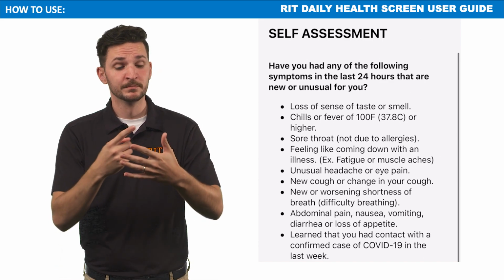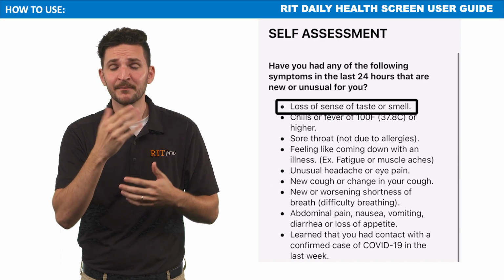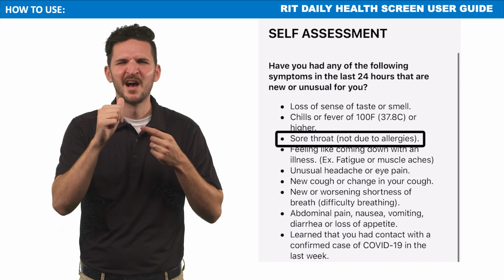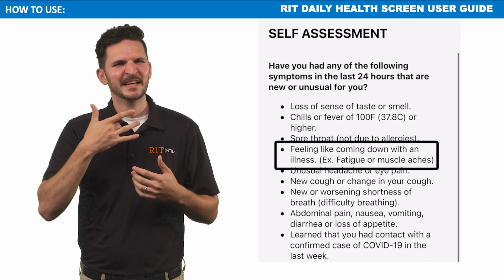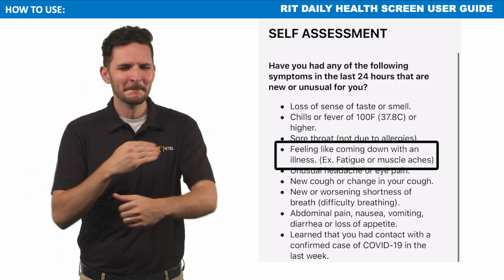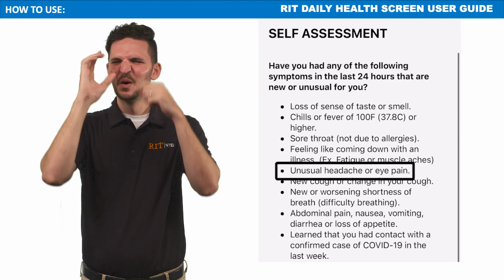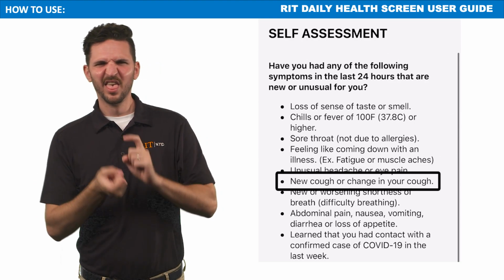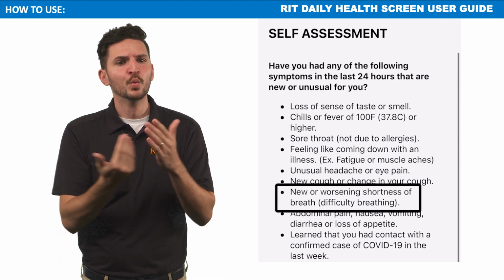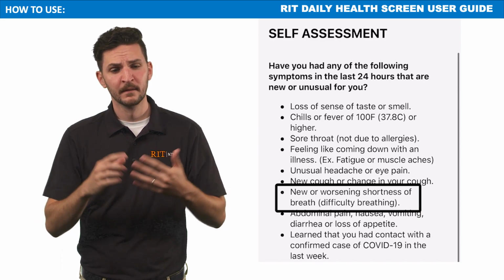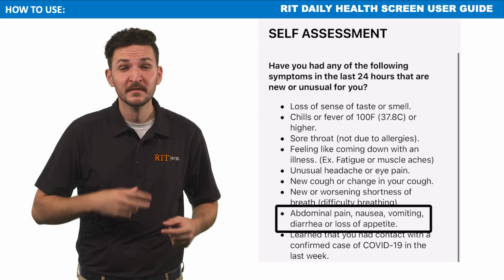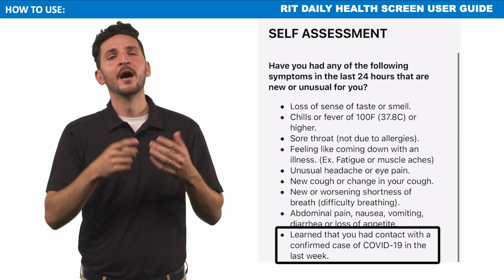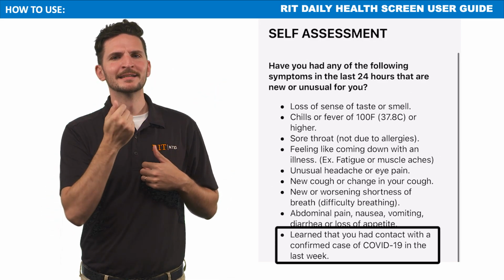It includes things like loss of taste or smell, chills and or fever above 100, sore throat not related to allergies, feeling ill, tired, or muscle aches, strange headaches or eye pain, a new cough or change in cough, new or increased difficulty breathing, abdominal pain, nausea, vomiting, diarrhea, or loss of appetite. A recent contact with a person who tested positive for COVID-19.